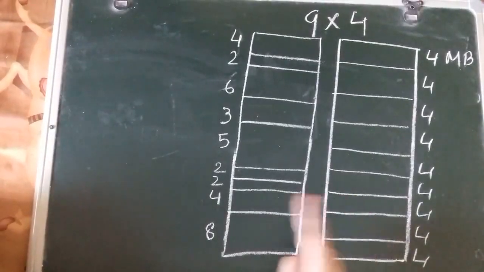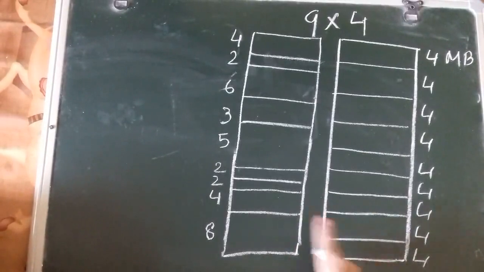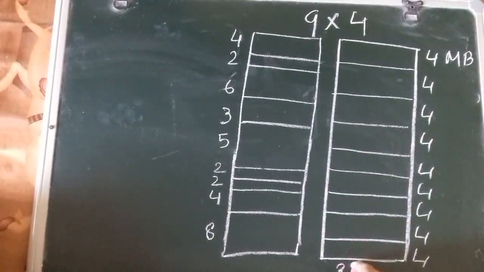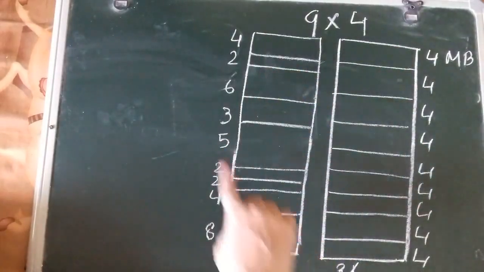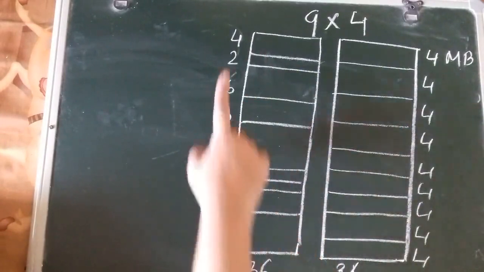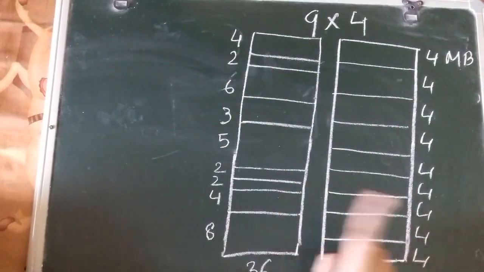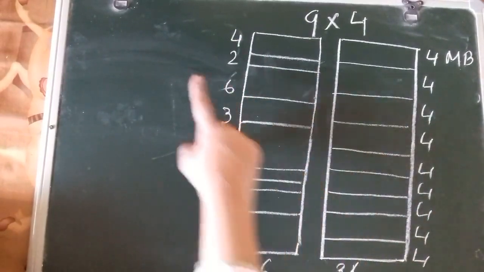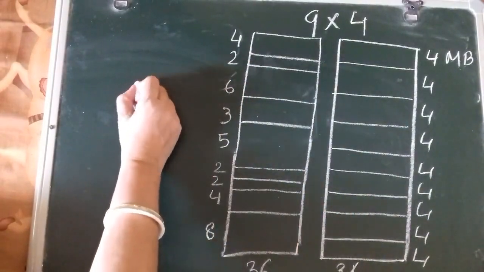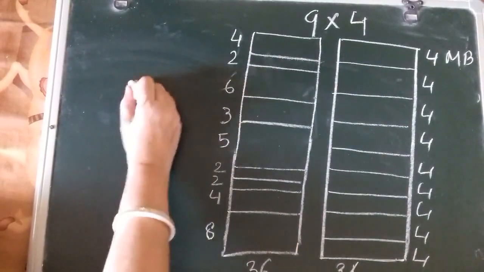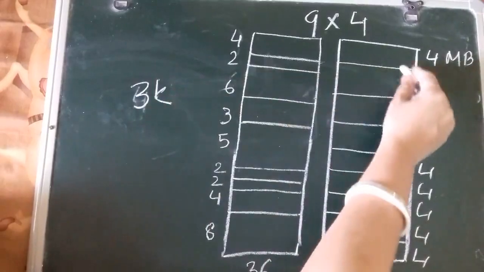According to fixed partition, as I told, both are 36 MB total. If you check, it is 9 into 4. Here also it is 9 with different divisions; all divisions are not equal. Both are called fixed partition only. So if a process request comes for 3K, what will happen?